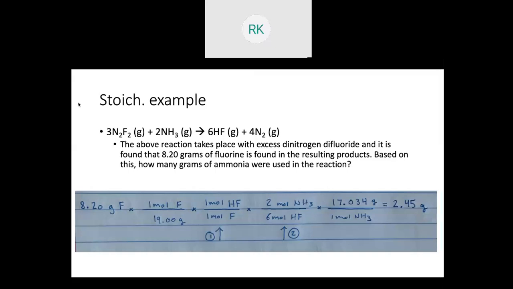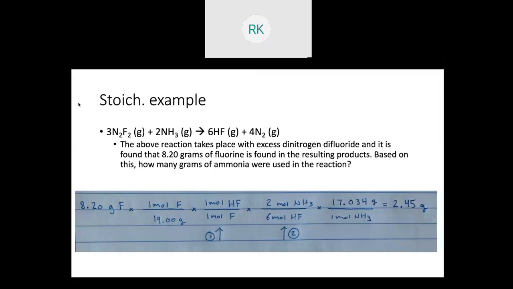We're not asked for moles of HF, we're asked for grams of ammonia. So here, we have to convert from moles of HF to ammonia. So 6 moles of HF is 2 moles of ammonia. Again, I drew an arrow to this, because this is what we think of as a stoichiometric ratio. We're comparing a reactant and product to each other.